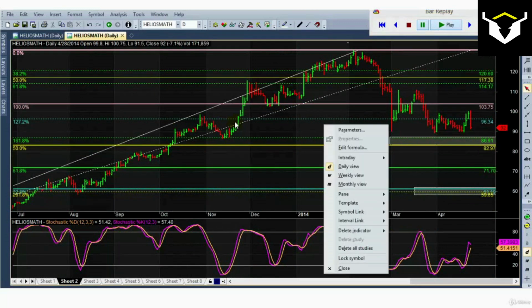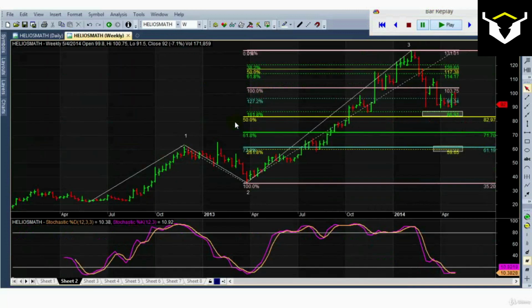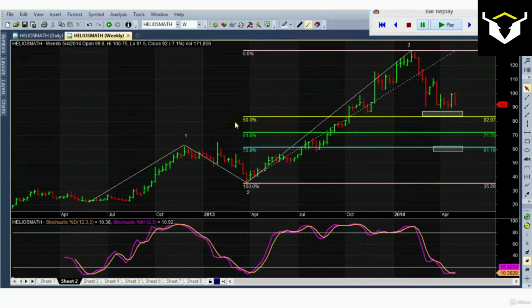Let's see what happened on weekly chart. As of the last bar, I'll clear some of these. Okay. As of the last bar, you can see momentum has reached oversold zone, suggesting that downside is limited. Prices have found support just above our level, the box that we had created.